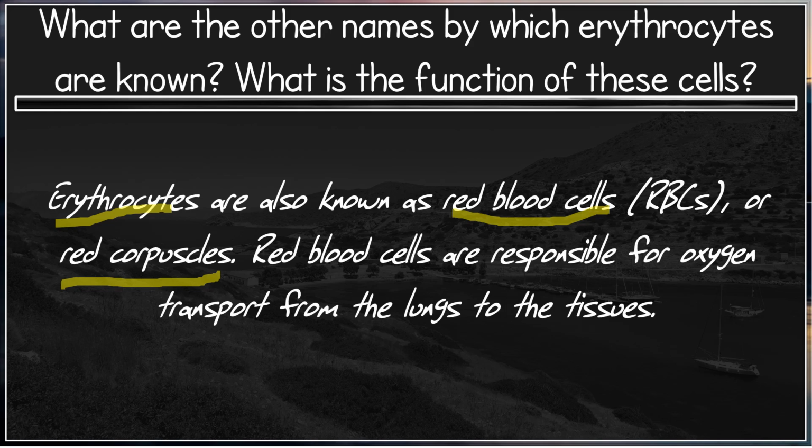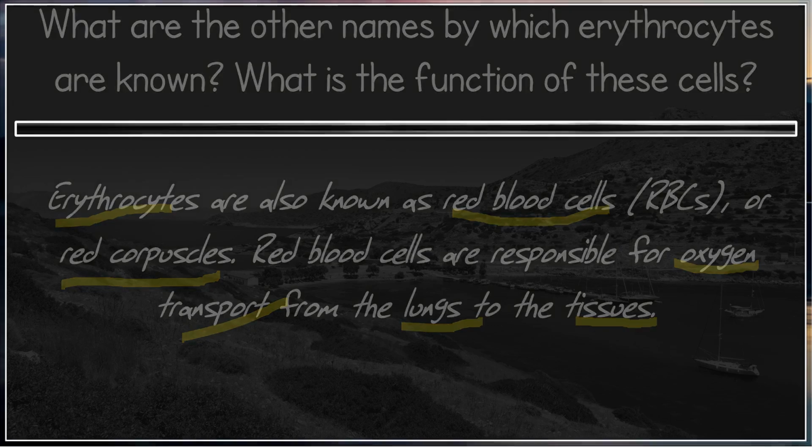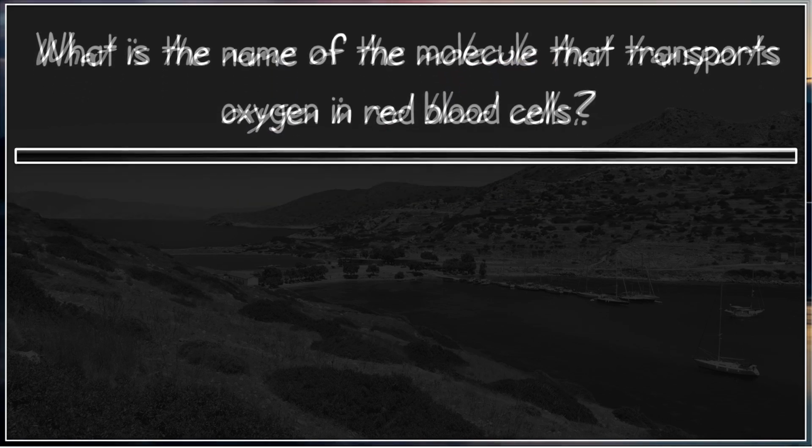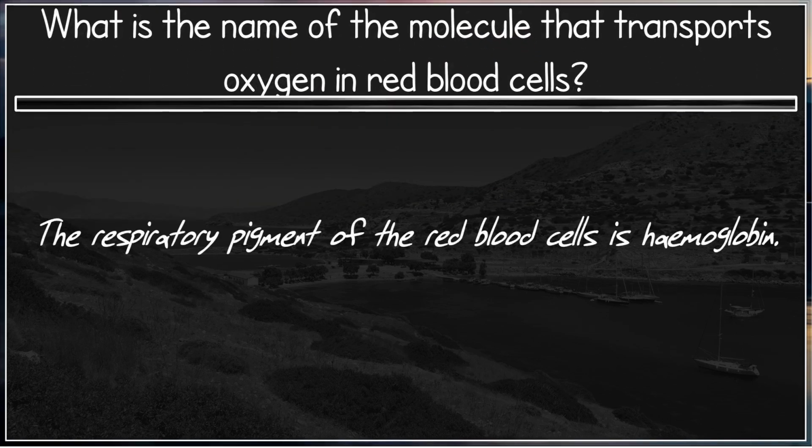Red blood cells are responsible for oxygen transport from the lungs to the tissues. What is the name of the molecules that transport oxygen in the red blood cells? The respiratory pigment of the red blood cell is hemoglobin.